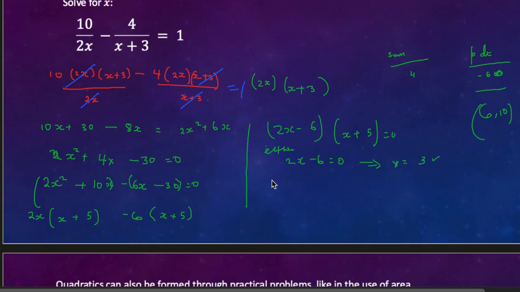Or x plus 5 equals 0, implying that the value of x is negative 5. This is another value. Is it negative 5? Positive 5. Let's see.